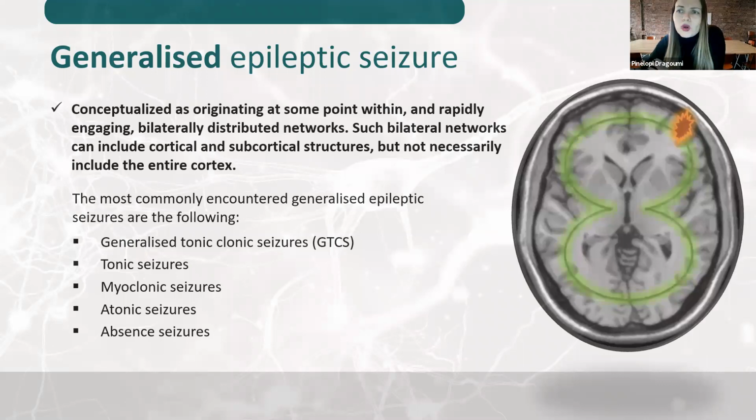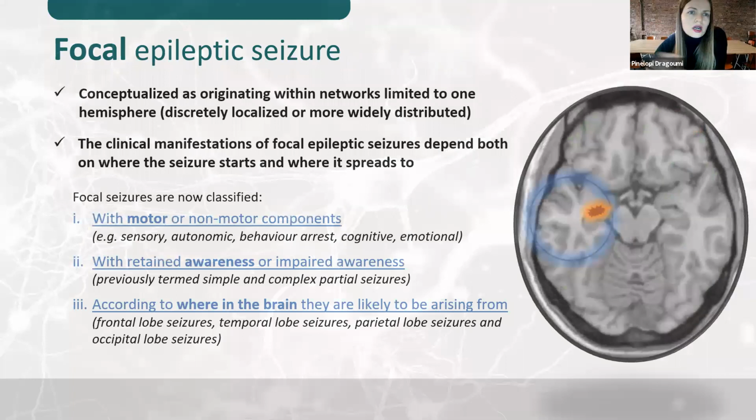And most seizures we are aware of are the generalized tonic-clonic seizures, tonic, myoclonic seizures, atonic and absent seizures. I will go quickly through this section. And the focal epileptic seizures originate within networks limited to one hemisphere. And here we have a classification as well, but this is based on semiology.